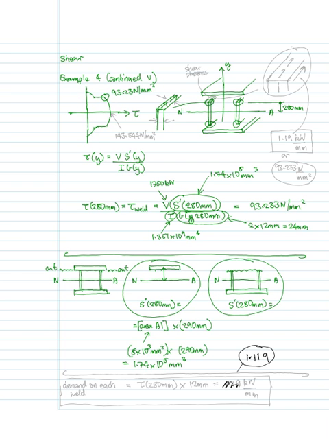And remember that in our other calculation we calculated the tau max to be 143.644 newtons per millimeter squared.